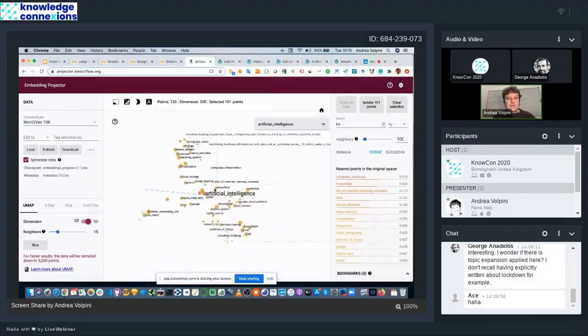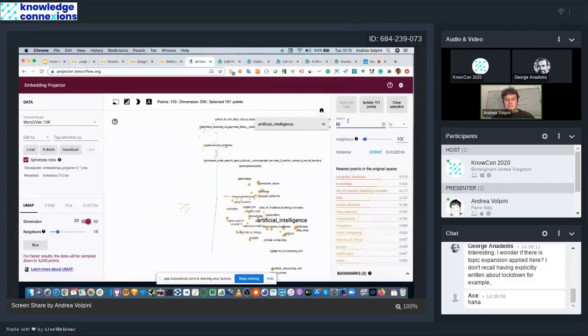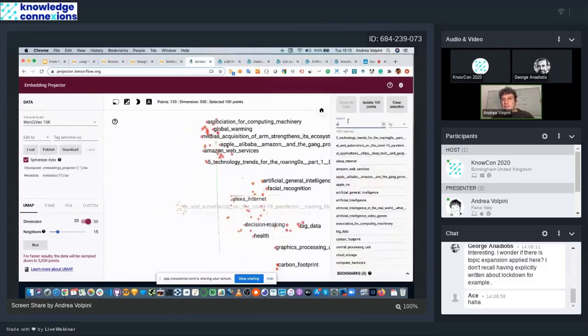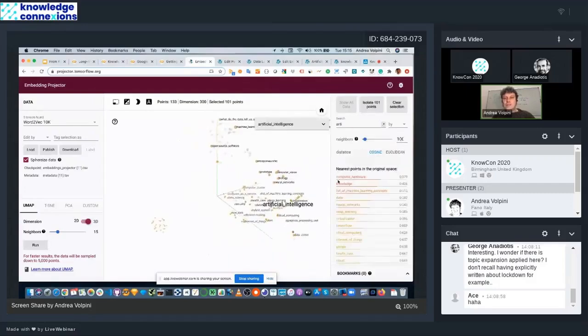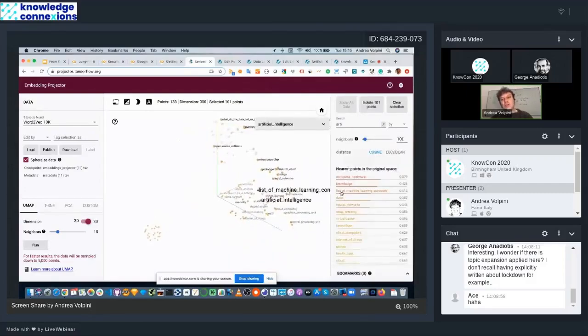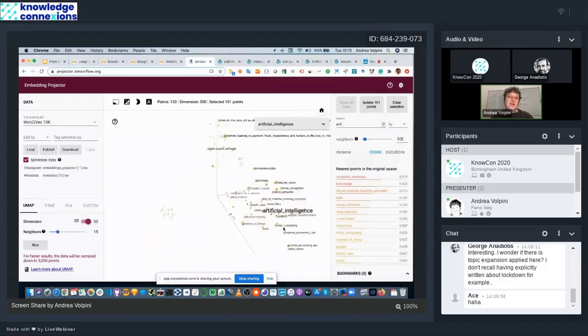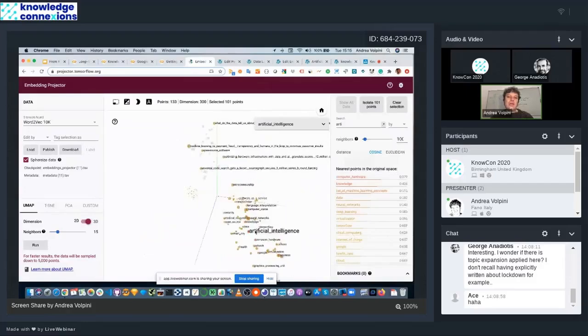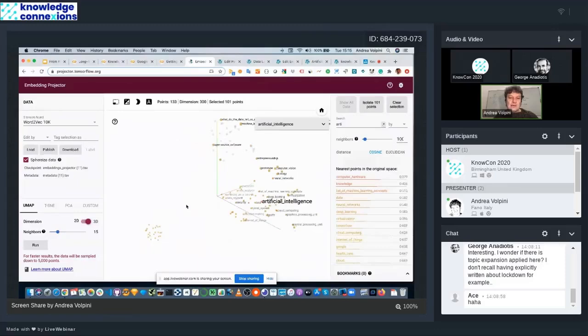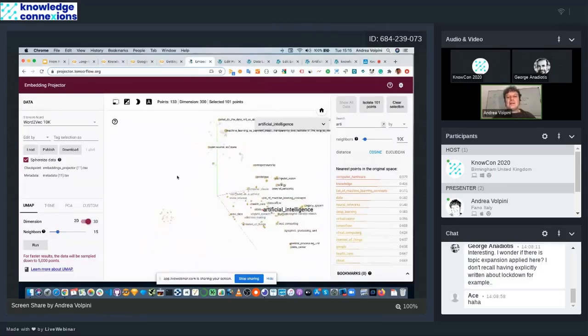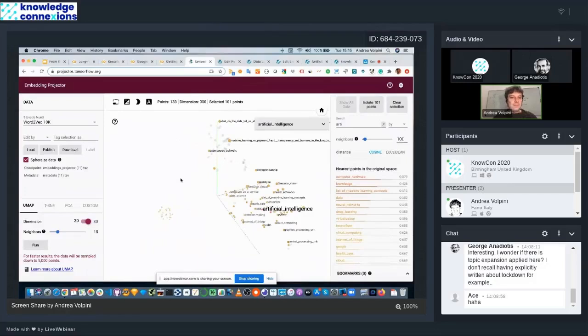And you can see here, for instance, TensorFlow and, let's see here, computer hardware, knowledge, machine learning, neural networks, deep learning. And that's very interesting because here you see that we're visualizing these embeddings.